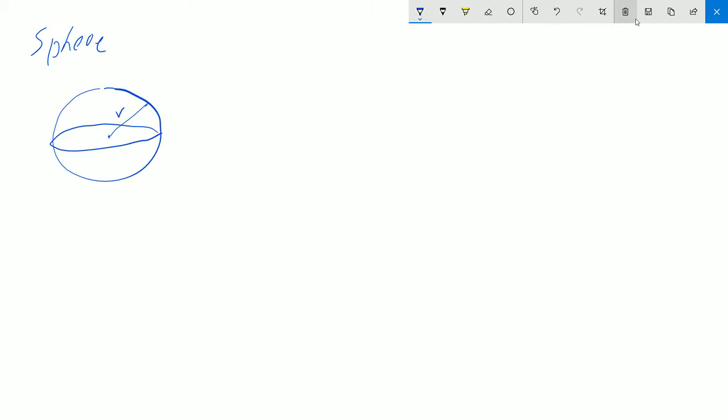To calculate the volume of this sphere, we use the formula 4 by 3 pi r cubed, where r is the radius of this sphere.